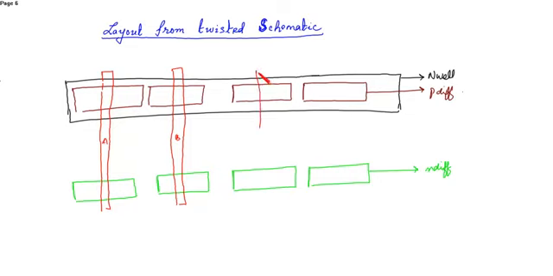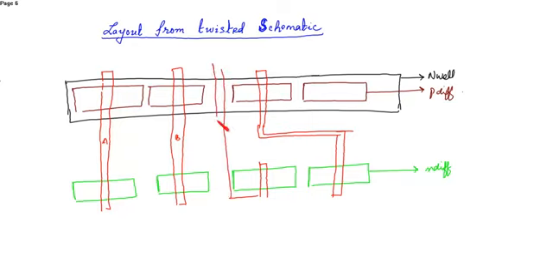So from here to here, now the transmission gates are oppositely connected.